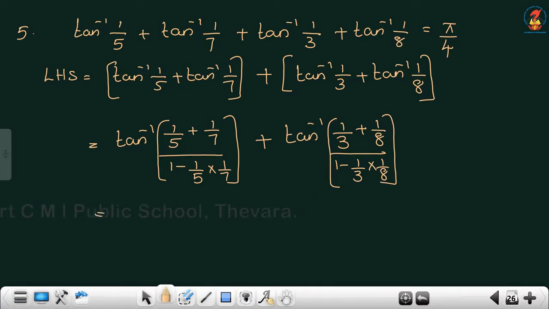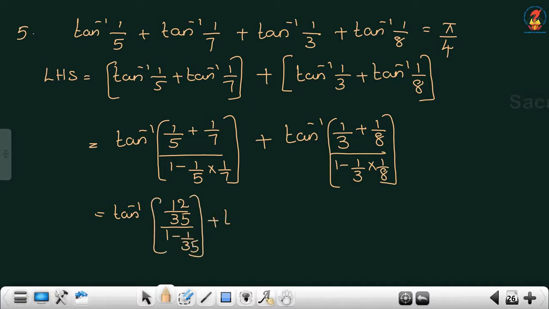Then simplify that. Tan inverse of 35, 7 plus 5 is 12. Then 1 minus 1 by 35, plus tan inverse 8 3s are 24. So numerator is 8 plus 3, that is 11 by 1 minus 1 by 24.